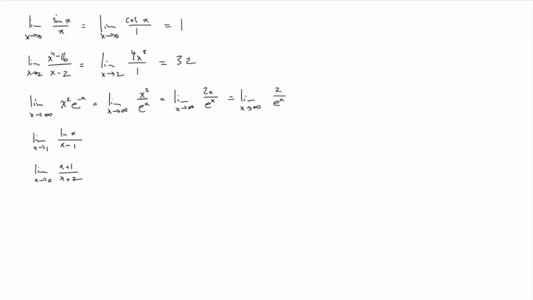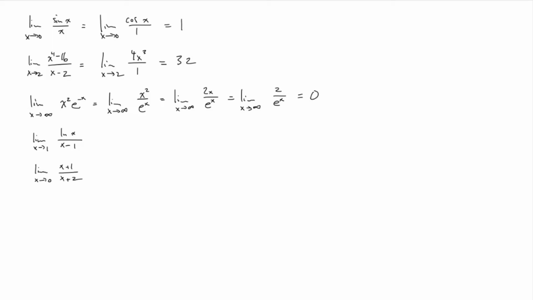And that yields the limit as x approaches infinity of 2 over e to the x. This is not of the form infinity over infinity. We have something of the form 2 over infinity. And if the denominator is getting large without bound and the numerator is staying 2, these numbers are getting closer and closer to 0, so this limit is simply equal to 0.